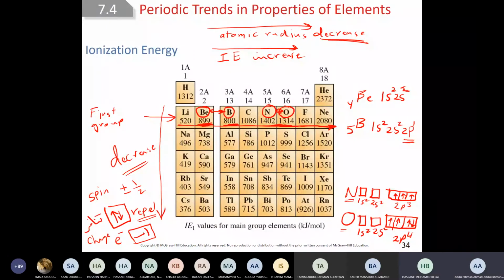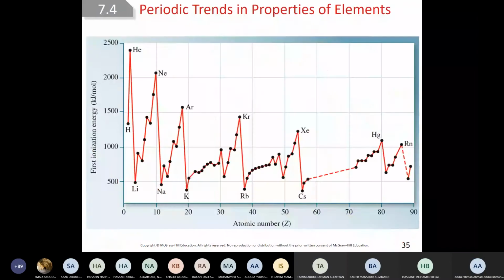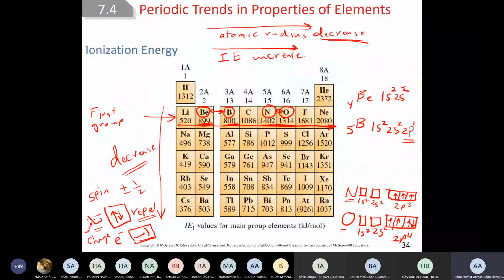Because of this repulsion between the two electrons which have the -1 charge, this number became less. For oxygen, 1314 is less than 1402. Is this clear?